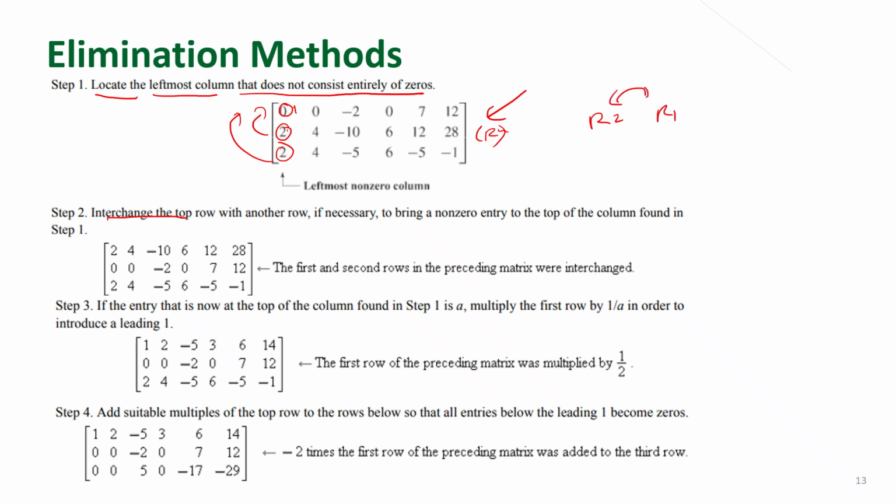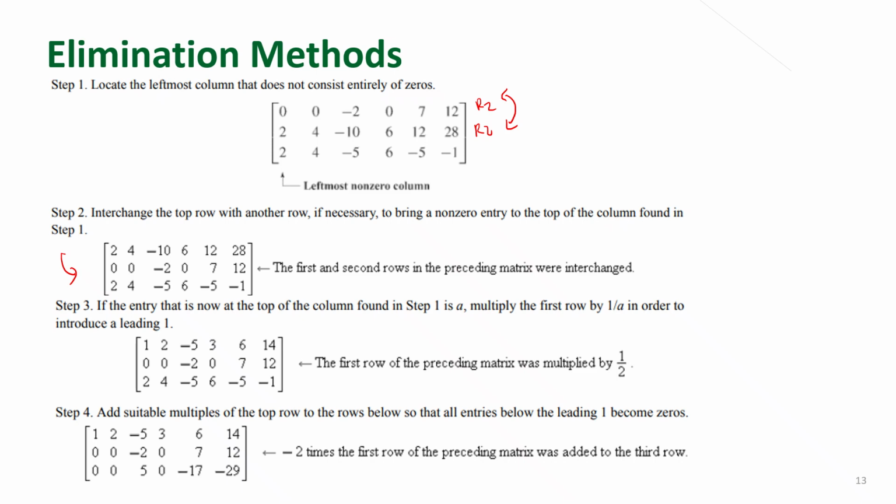You can see here, this is row number 2, this is row number 1, we switch their positions and it becomes this new matrix.